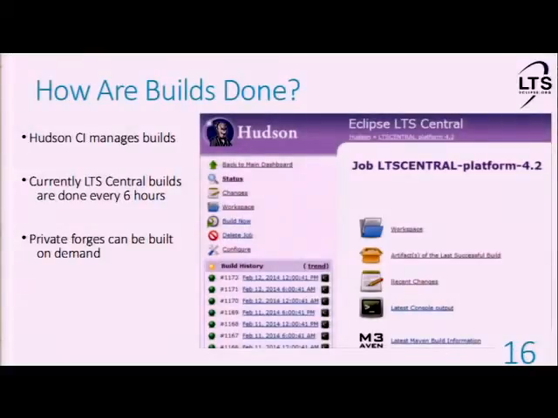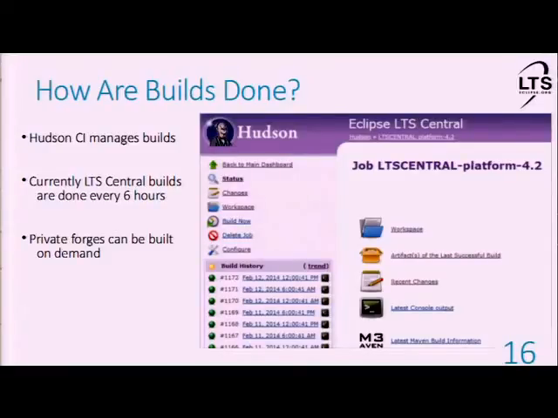You're already familiar with Hudson. That's what we are using internally as well. There's the central LTS Hudson that's creating builds that are visible to all LTS members. So we are seeing the same build results as IBM. And then every LTS premium member can have its own Hudson instance where you can test run your own builds and do whatever you need for your company.